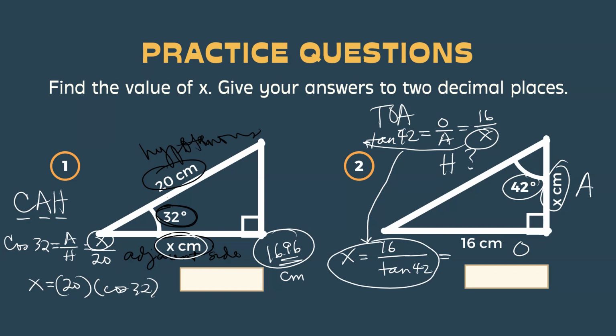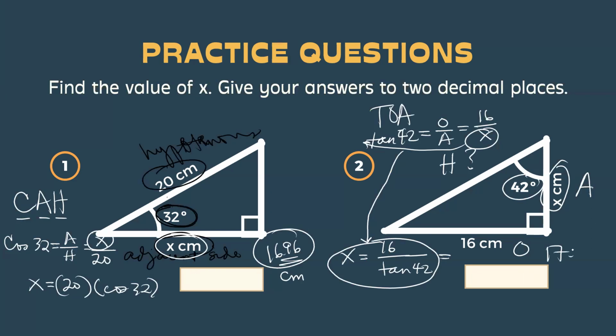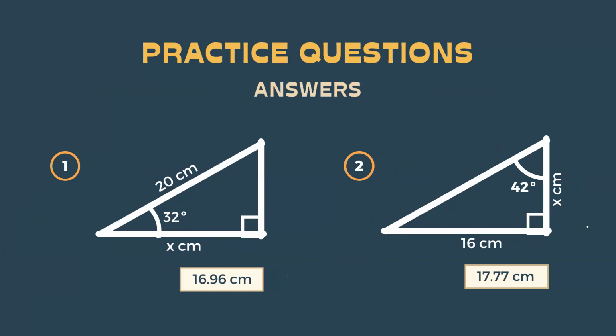Press tangent first, 16 divided by tangent 42. What do you get? Very good, 17.77 cm. Were you all able to get it? So these are the answers for your assignment and practice problems.